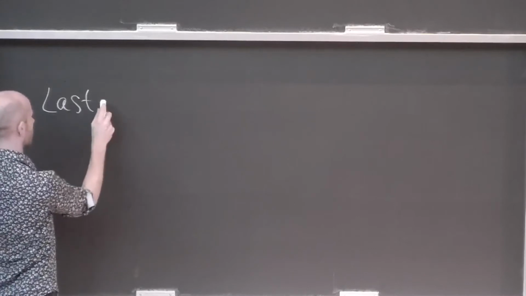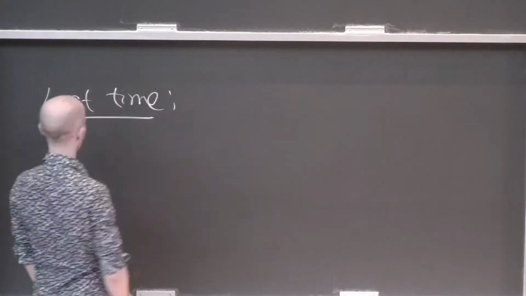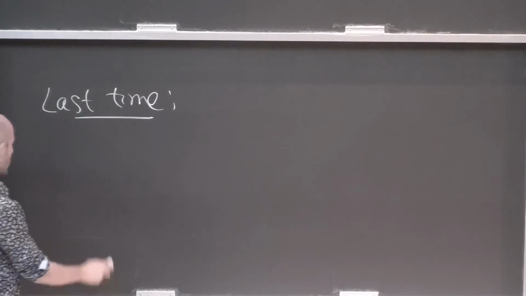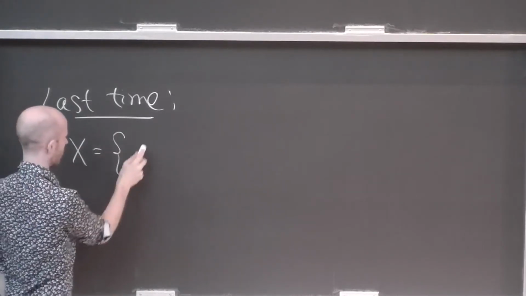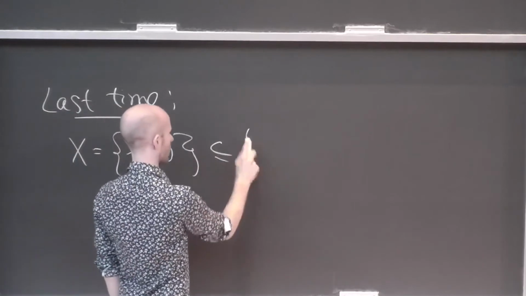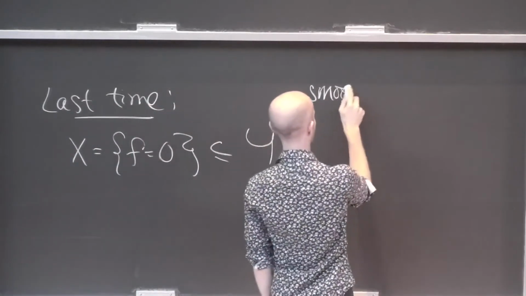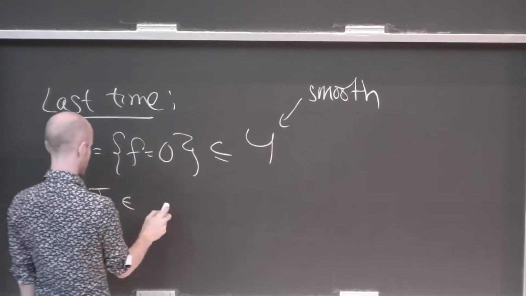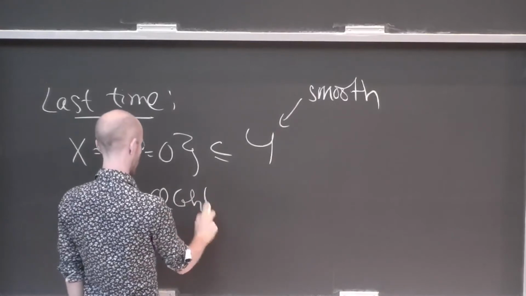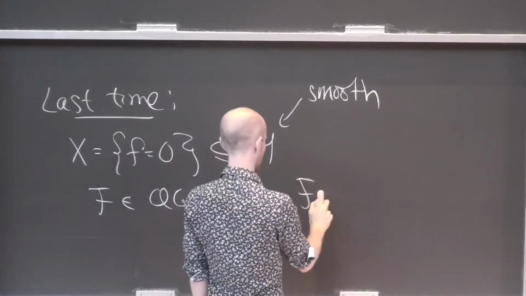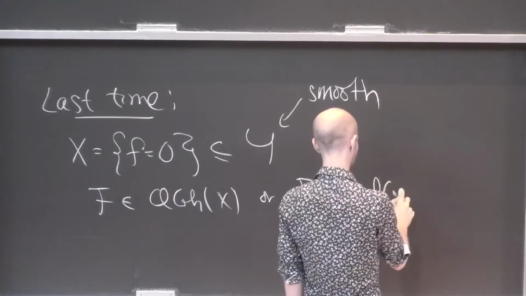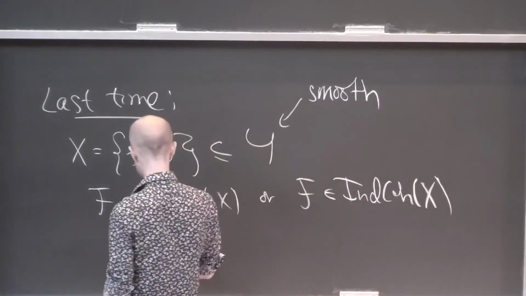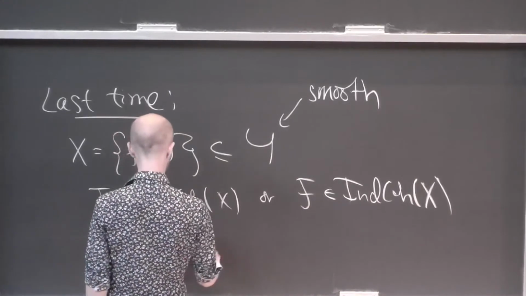So here we are. Let me give a quick summary of what happened last time. We said that if you had X, which was the vanishing locus for some function inside of some smooth Y, and F is in QCoh of X or F is in IndCoh of X, then there are these natural maps eta from F to F shifted by 2.